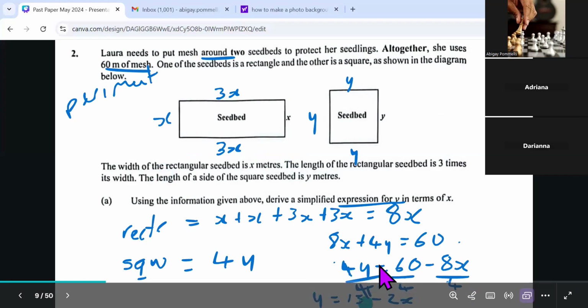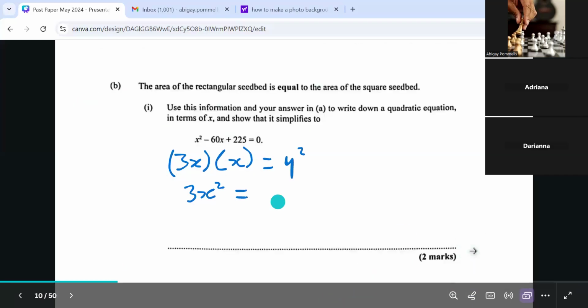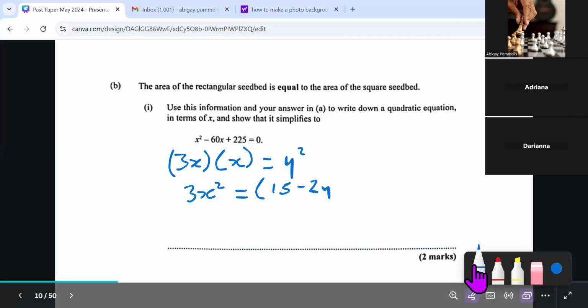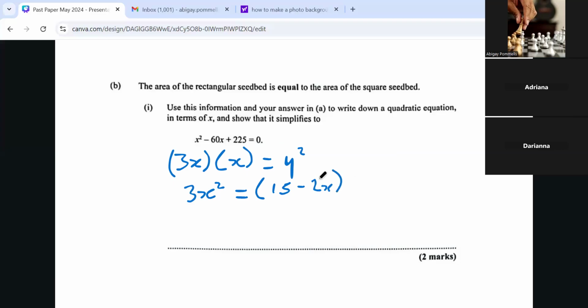Right? You see it down here? That's what we came up with. So I'm going to bracket 15 minus 2x, not y, 2x, and all of that squared.